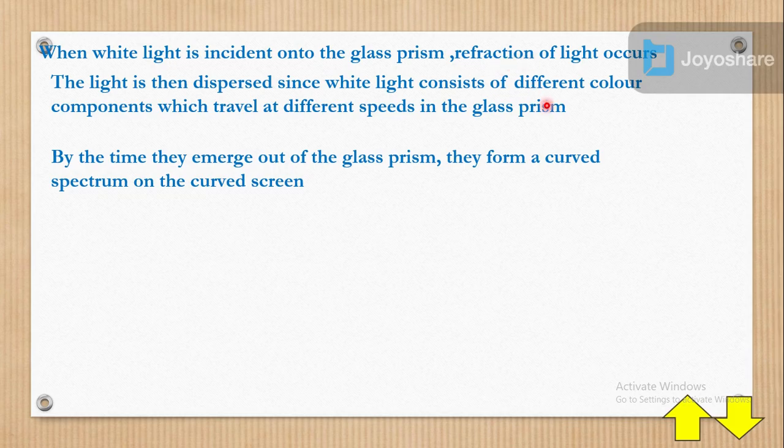So refraction is strictly the bending of light when light is traveling from a less optically dense medium to a more optically dense medium. So for example, if light is moving from air and entering into water, we expect refraction there. Why? Air is less dense and water is more dense. Therefore, as light is entering from air into water, we expect refraction to take place.